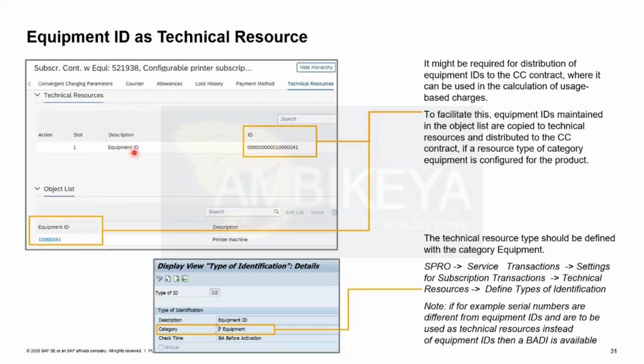The technical resource is set up in such a way that whenever an equipment is linked, this gets replicated as a technical resource in the system. Okay, so here is a setting where we have the technical resource type, which is of type category equipment, and then it will be considered.